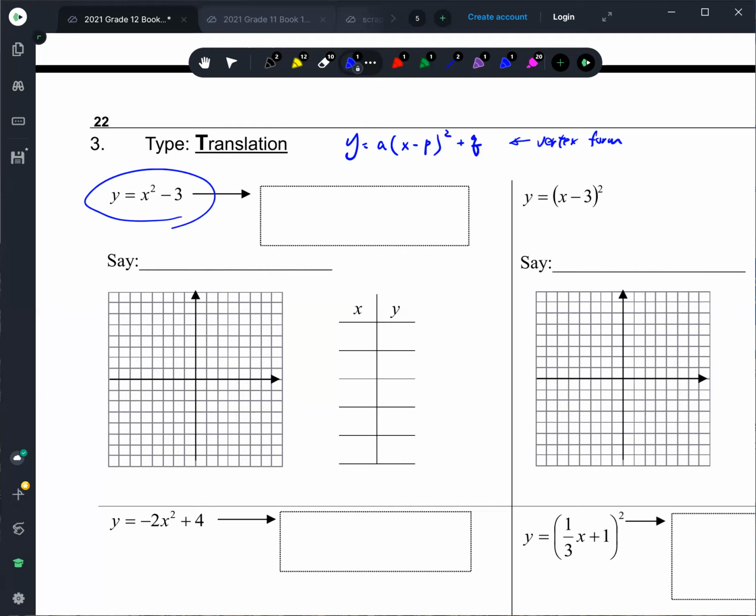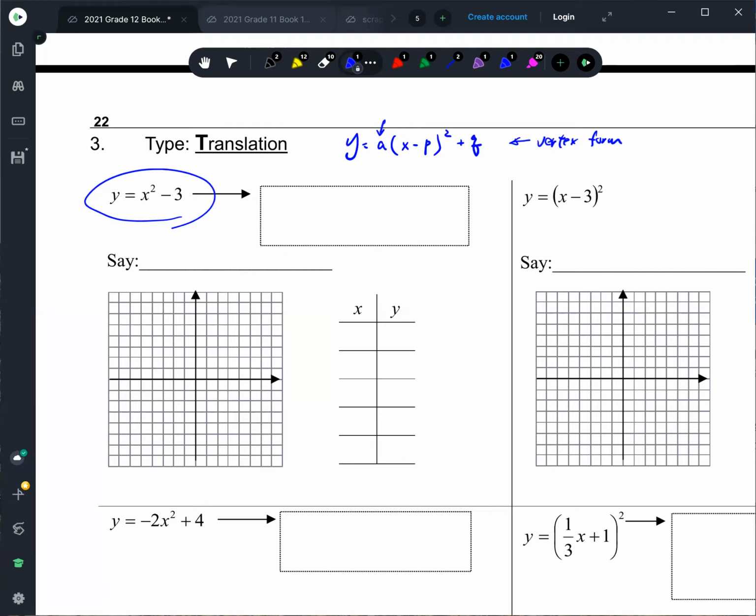Because there's no negative. Which number do you look at? The x squared. Yes, so for x squared, there's no negative at the front, so our a value controls open up and down. All right, so that's a review. What if it's a square root? It will be something different.